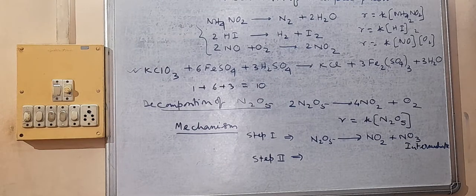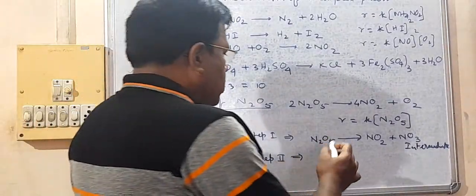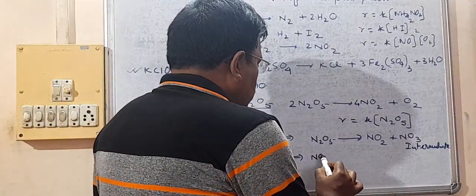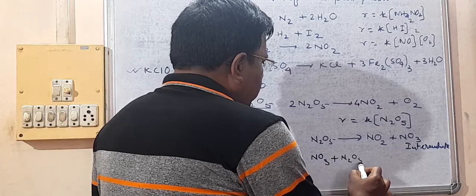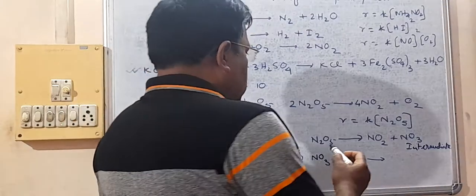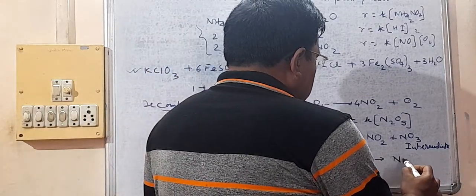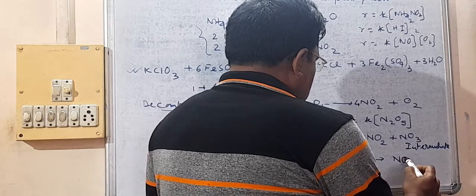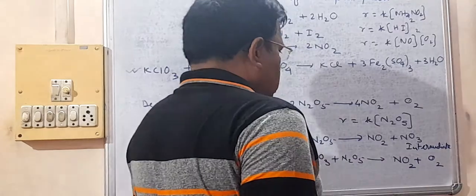So, keeping that in mind, we can write the second step like this: NO3 plus N2O5 gives NO2 plus O2.